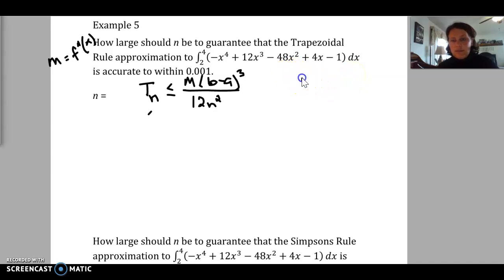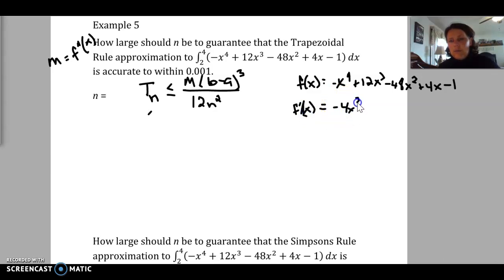So if f of x is equal to negative x to the fourth plus 12x cubed minus 48x squared plus 4x minus 1, then f prime of x is negative 4x cubed plus 36x squared minus 96x plus 4.